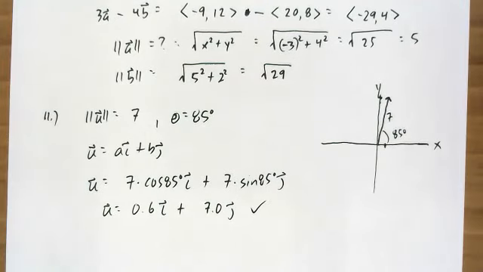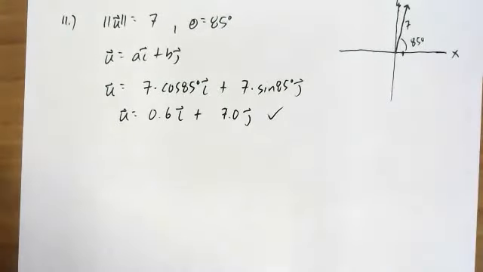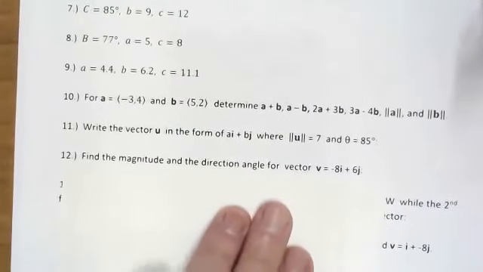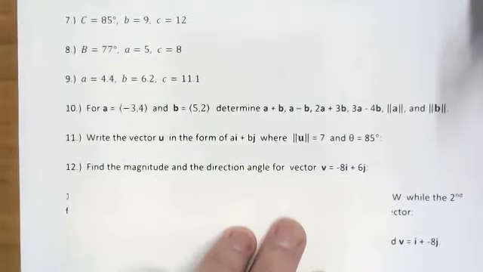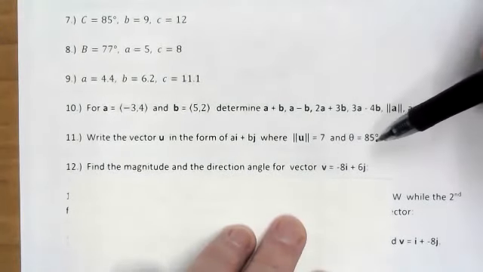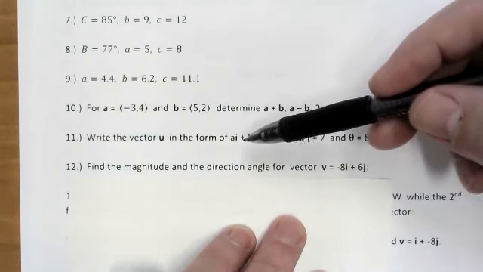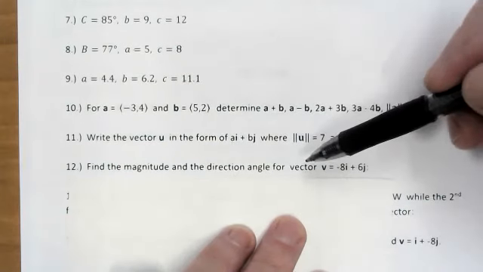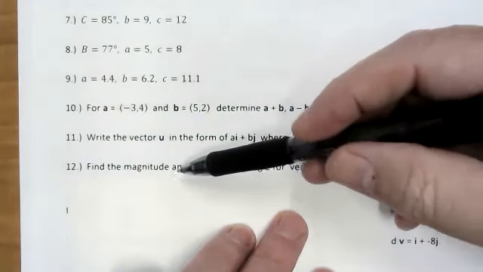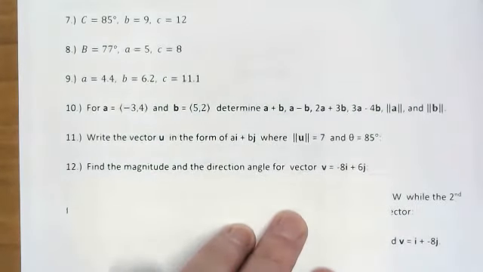All right. Hopefully not too difficult. Let's go to problem 12. Okay, so what they do now, they sort of flip the script. Here they gave us problem 11, they gave us magnitude and direction for a vector and had us convert to ij. Now they're going to give us this vector v in ij, and they want us to convert it to magnitude and direction.